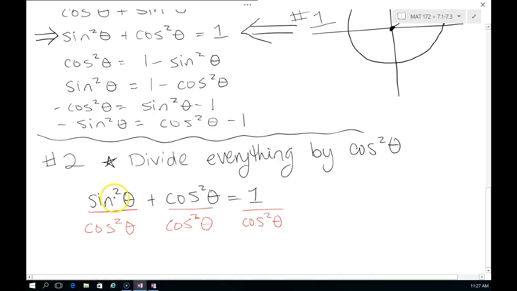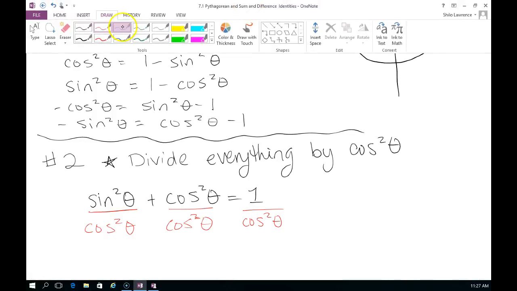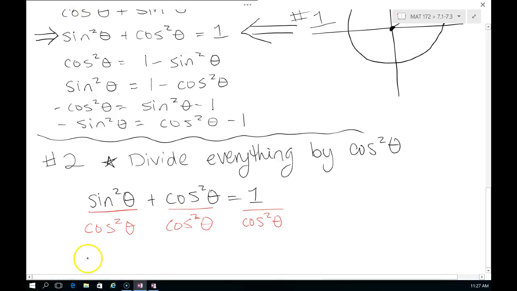So we've got a trig identity for sine over cosine. It's one of our quotient identities. Sine over cosine is equal to tangent. So that is tan squared theta. Cosine over cosine, we can simplify that with algebra. Anytime the numerator and denominator match, it's equal to 1. And then 1 over cosine, that's a reciprocal function. We could rewrite that without a fraction as secant.